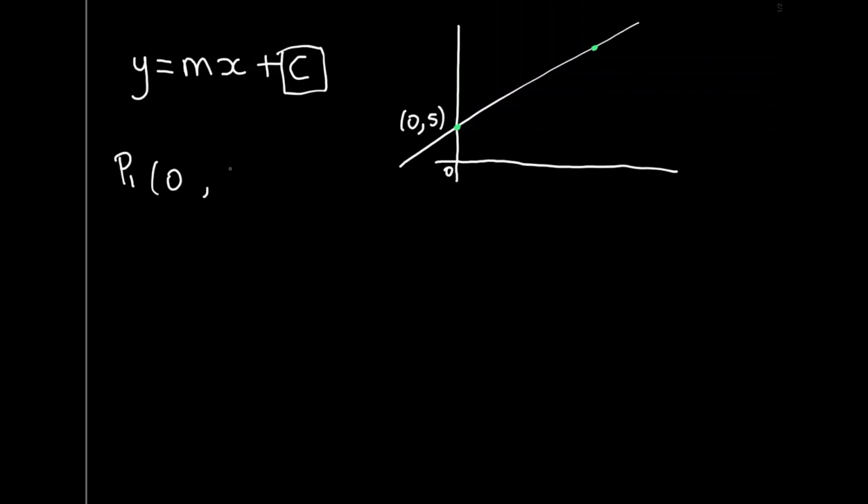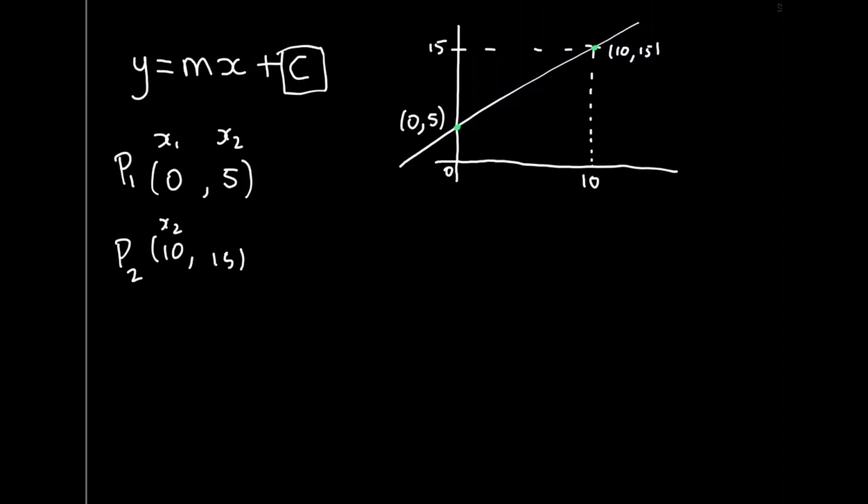So 0, 5, x1, y1. And now P2, let's say that this is 10 and 15. So 10, 15, P2, which is also x2 and y2.